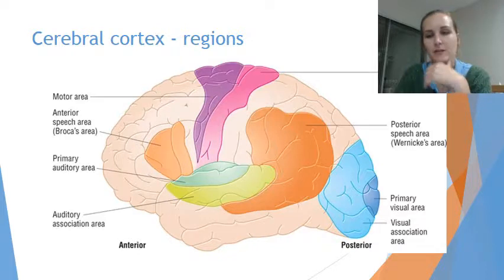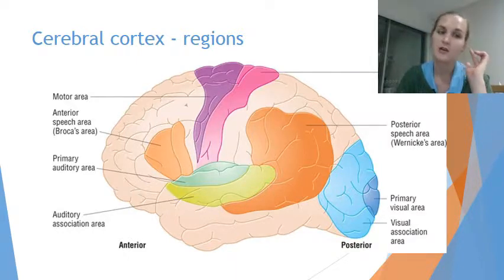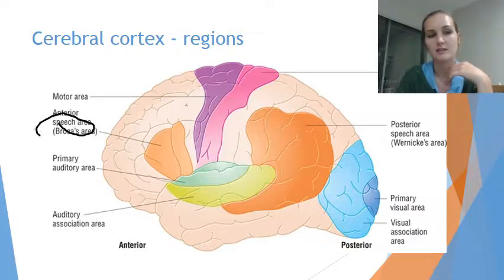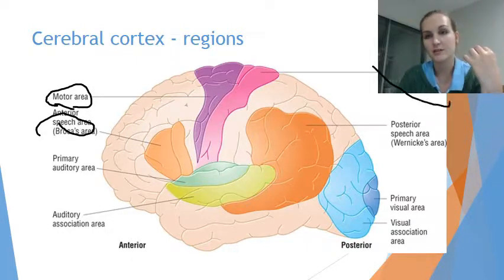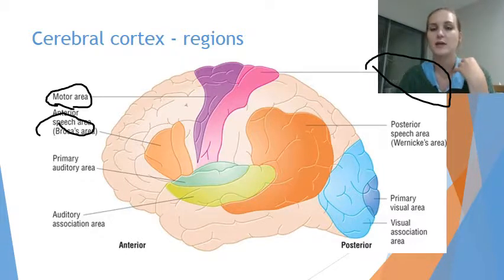Now, these are some of the functions of these lobes. Okay, so you can see we have a primary auditory area, which is obviously to do with hearing. We have a speech area, which is to do with speech here. We have a motor area to do with motor actions, so movement. A sensory area to do with our senses, taking in sensory information.